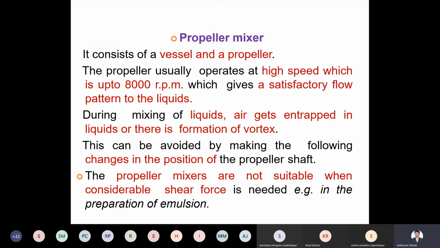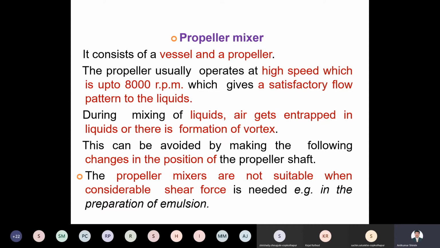Then, during the mixing of the liquid, air can be entrapped into the liquid. Sometimes if you do not close the vessel with the lid or cap, air may be entrapped into the liquid, and it is difficult to remove that air from the liquid. To avoid that problem, you can change the position of the propeller shaft.